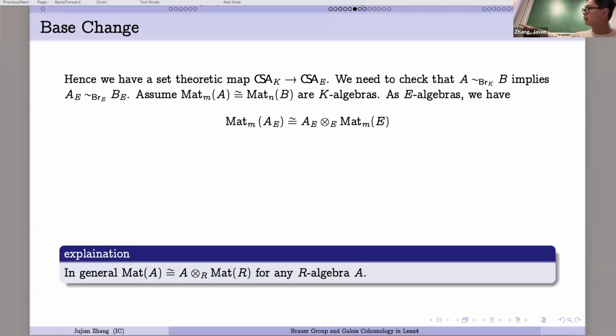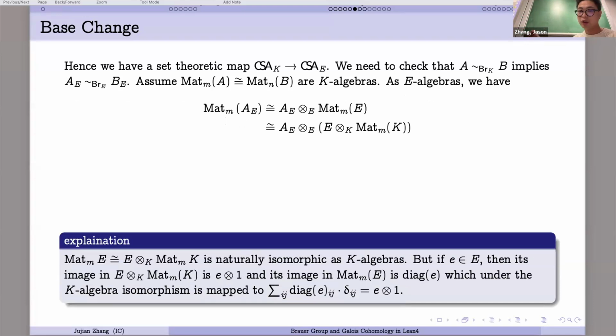Then it's a general fact that the matrix over A is the same as A tensoring the matrix of the base ring. So we have the first isomorphism, and now the second isomorphism. Why is this true?